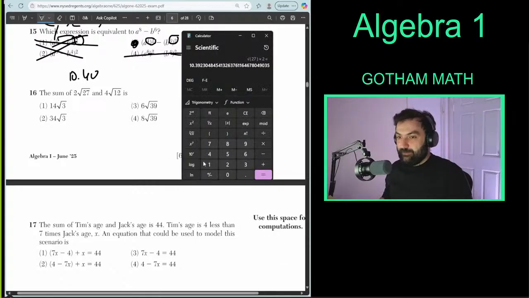And then 12 radical times 4. 13.85. Do you have to write it down? No, you can just write plus because it says sum. So plus whatever you have written here, 10.4. That's 24.25.